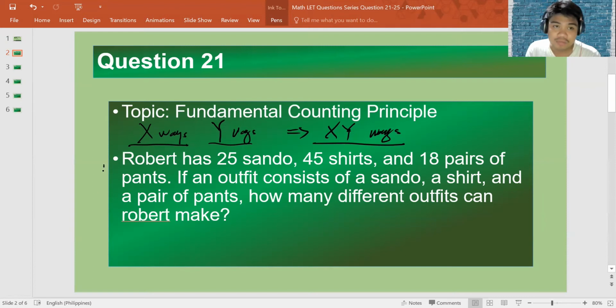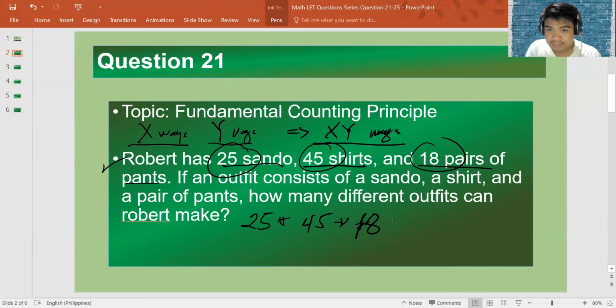So here in our problem, Robert has 25 sandos, 45 shirts, and 18 pairs of pants. So we have three tasks here: selecting one sando, selecting one shirt, and selecting one pair of pants. So we're going to multiply 25 times 45 times 18.